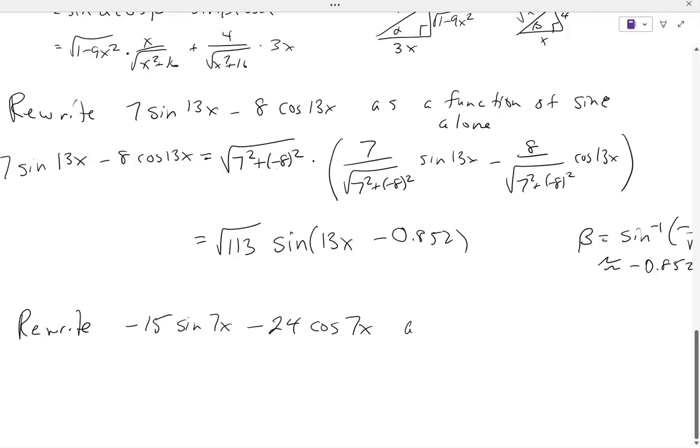I have a question. So does it matter whether or not you put the square root of 113 in the brackets, or just the 7 squared plus negative 8 squared at the top? Oh, here?